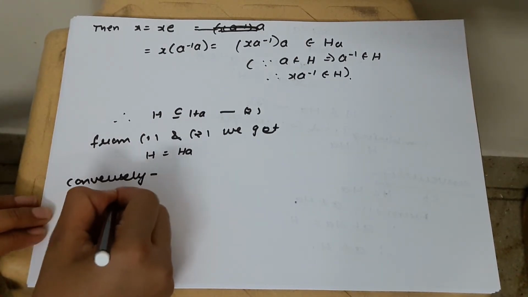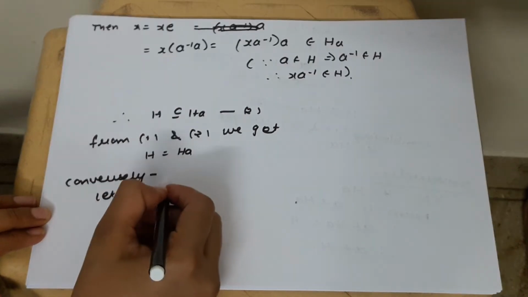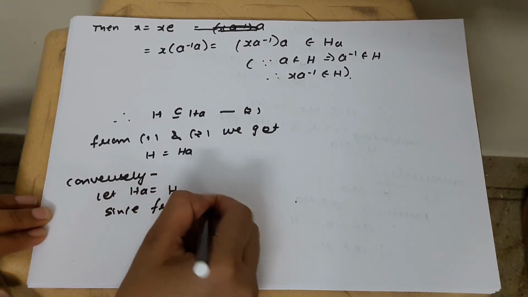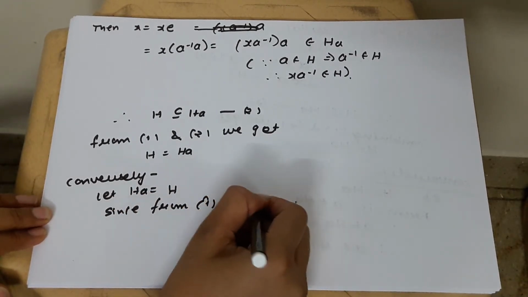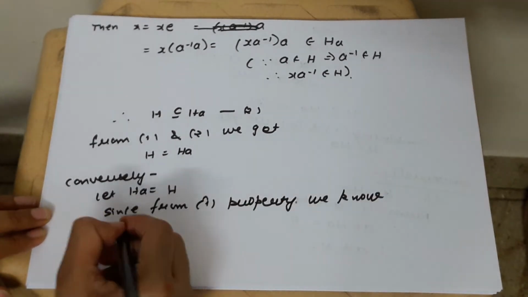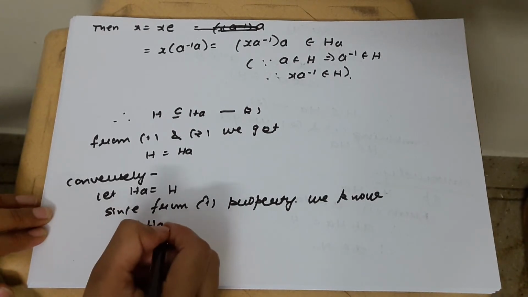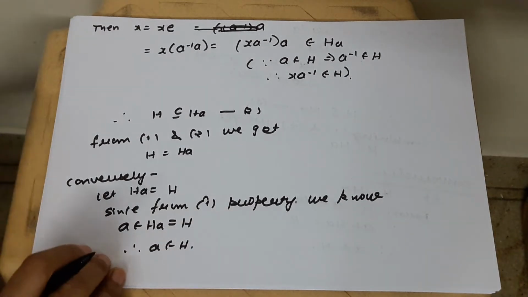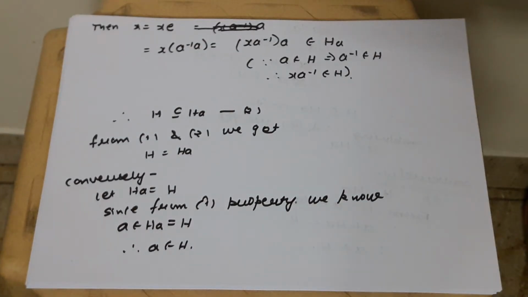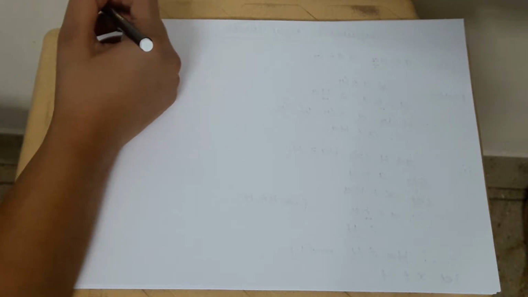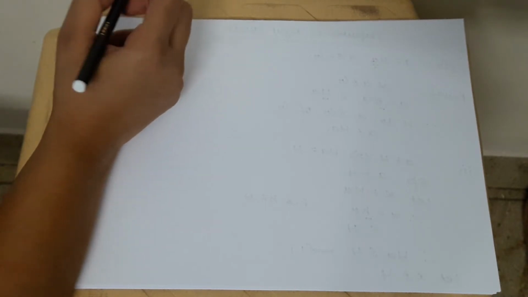Conversely, let Ha be equal to H. Since from the first property we know a belongs to Ha, which is equal to H, therefore a belongs to H. So this proves the second part. Now the second property is very important among all the properties.